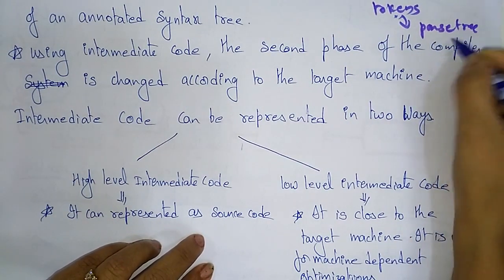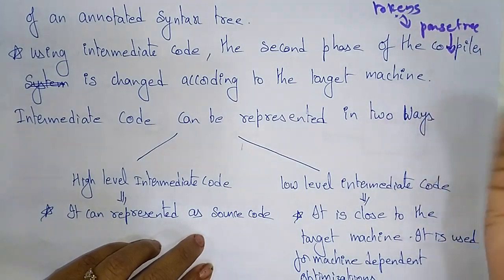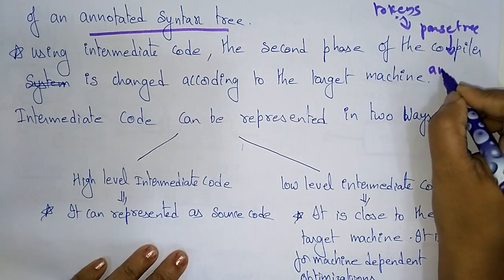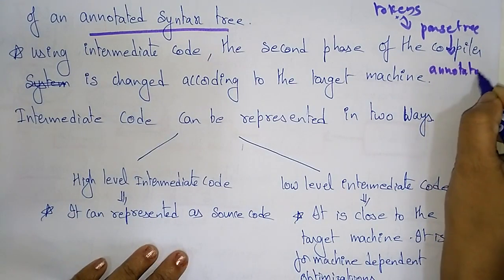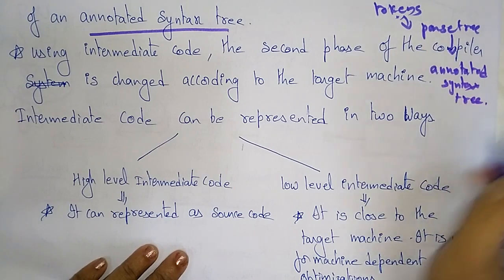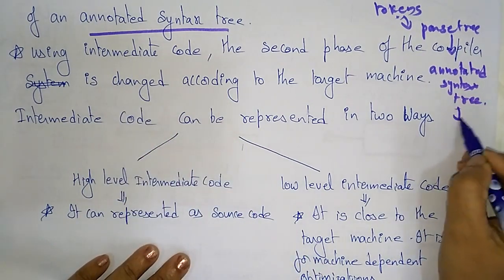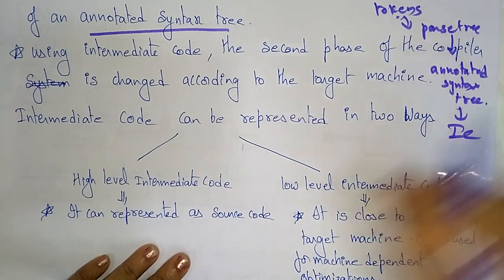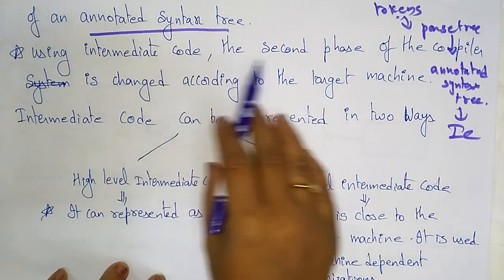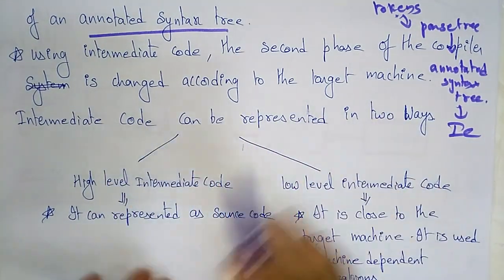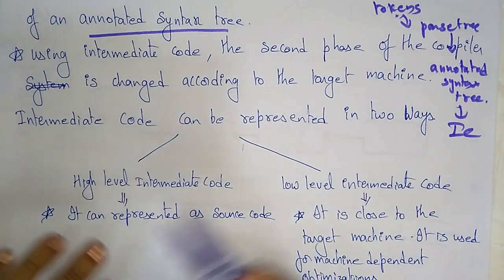The parse tree is then converted with the help of the semantic rules into an annotated syntax tree. I'll explain now what is this annotated syntax tree. Then the intermediate code will take the input as the annotated syntax tree. Using intermediate code, the second phase of the compiler is changed according to the target machine. So that I said now.